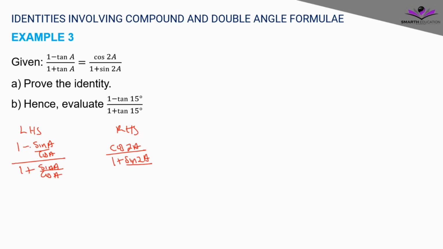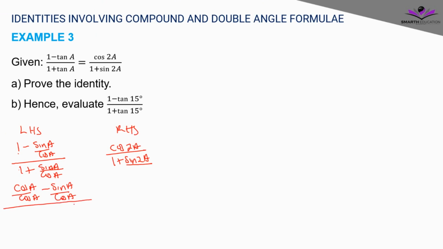And then here 1 we can say is cos a over cos a, even here is cos a over cos a. So we can say cos a over cos a, that is 1, then minus sin a over cos a.